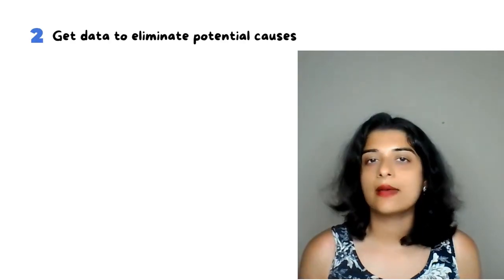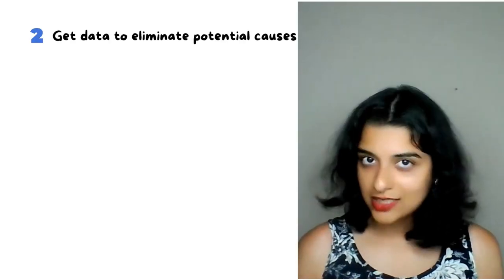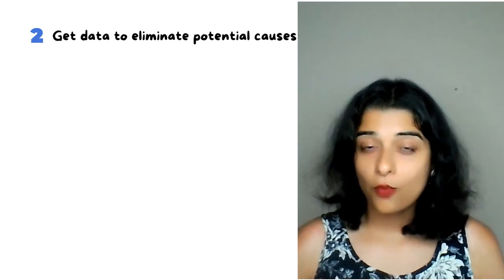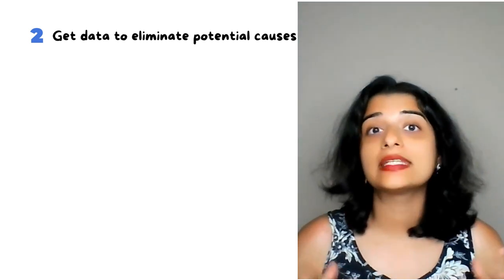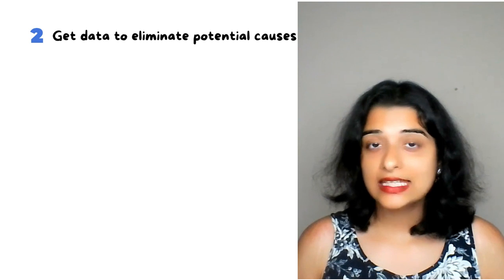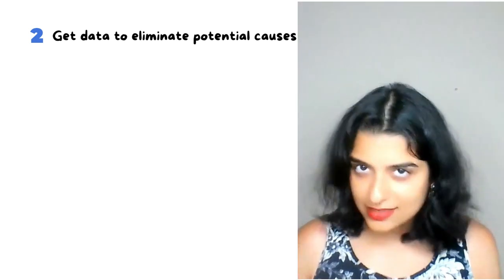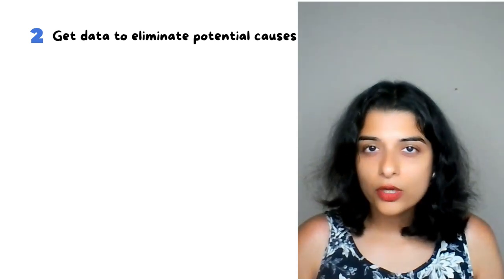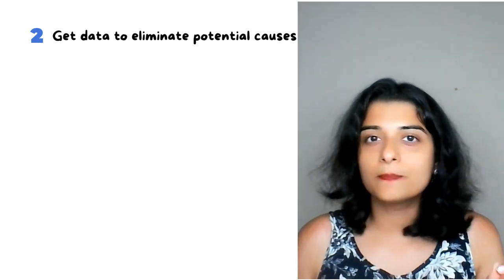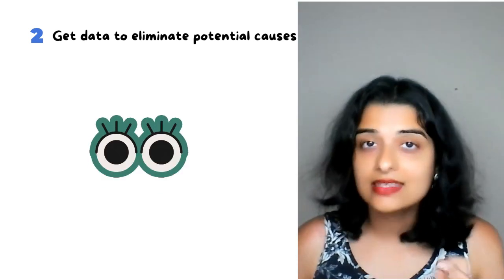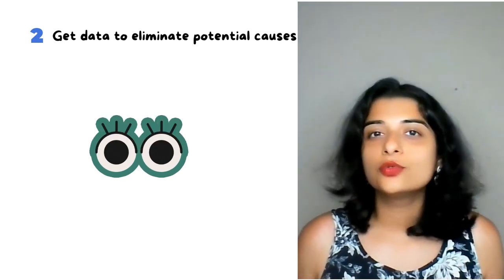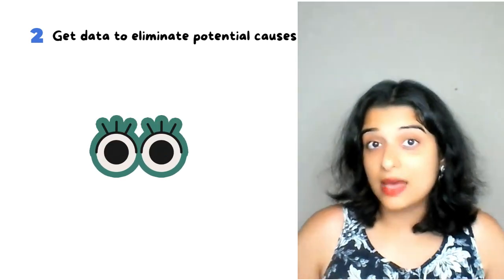So this is the step where you have to get very chatty with your interviewer. What you have to do is get data and start eliminating potential root causes. So this is more of a tactical step. And what you really want the interviewers to be noticing is that you are not someone who is going to make assumptions.